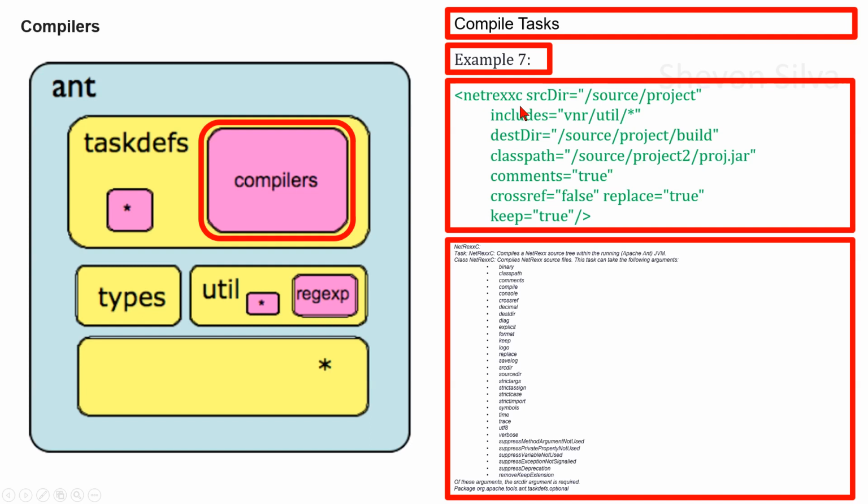This task can take the following arguments: binary, classpath, comments, compile, console, crossref, decimal, dest, dir, diag, explicit, format, keep, logo, replace, savelog, srcdir, sourcedir, strictargs, strictassign, strictcase, strictimport, symbols, time, trace, utf8, verbose, suppressMethodArgumentNotUsed, suppressPrivatePropertyNotUsed, suppressVariableNotUsed, suppressExceptionNotSignalled, suppressDeprecation, removeKeepExtension. The srcdir argument is required.